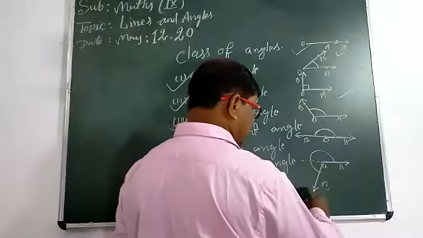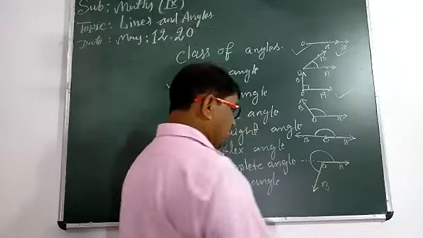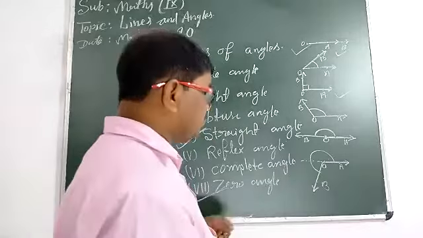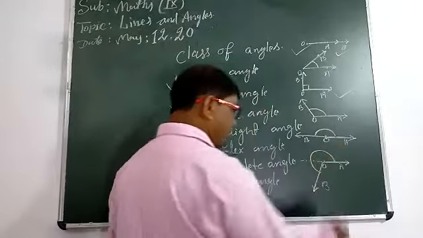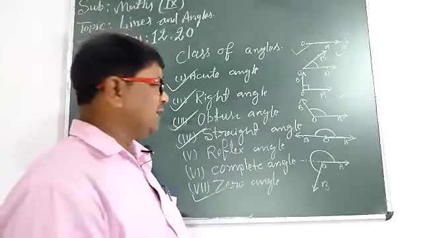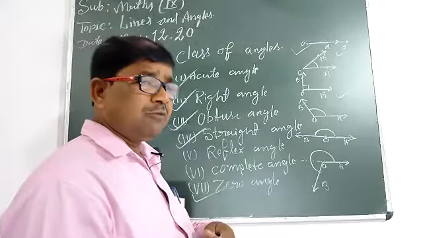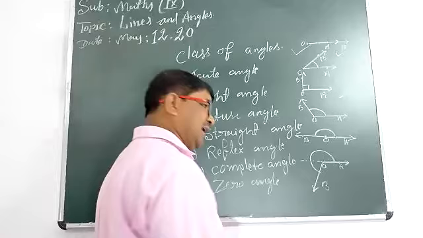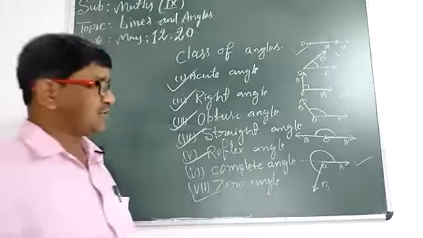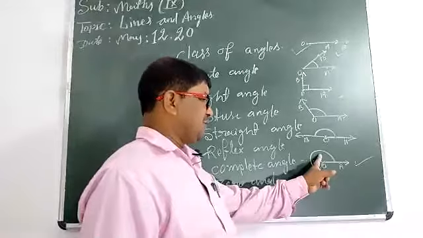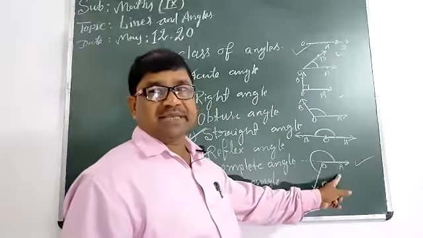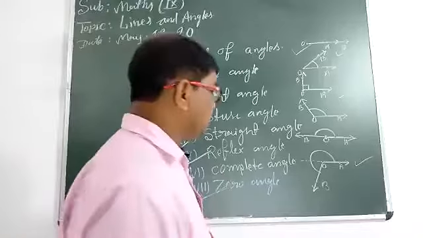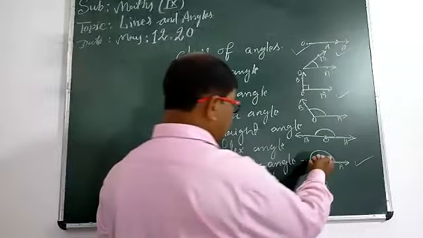Now, these two rays are more than just opposite. So this type of circular arc is showing the angle measuring more than 180 degree. So this type of angle is called reflex angle. The angle with measure more than 180 degree is called a reflex angle.